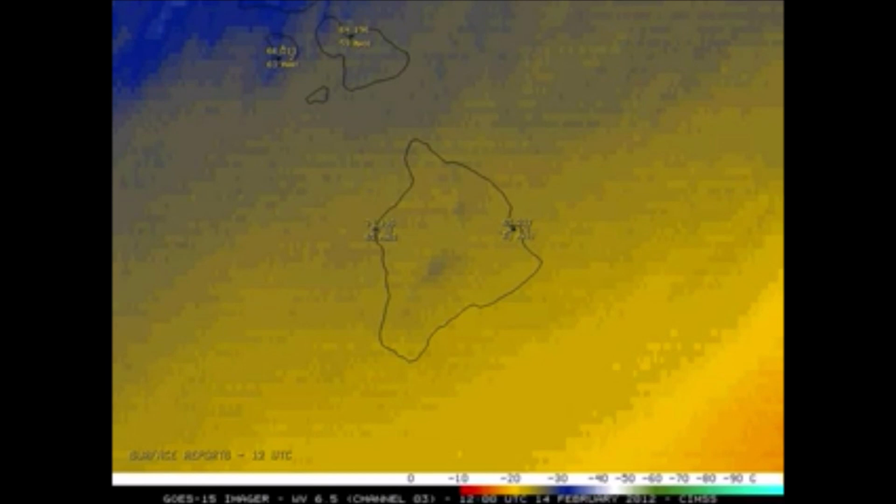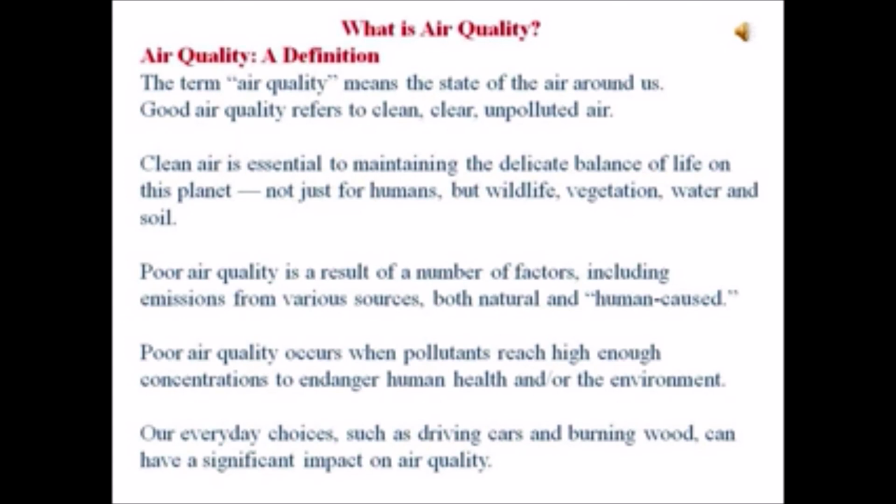There is no exact place where the atmosphere ends. It just gets thinner and thinner until it merges with outer space.